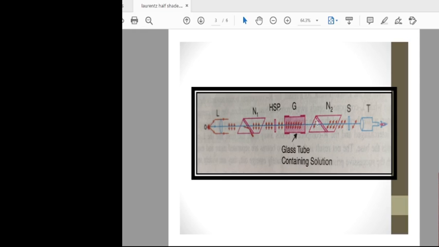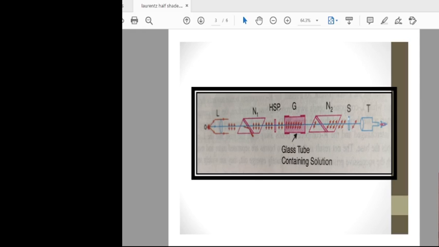This is again another Nicol crystal, N2, which can be rotated about the axis of the tube, and this rotation can be measured.